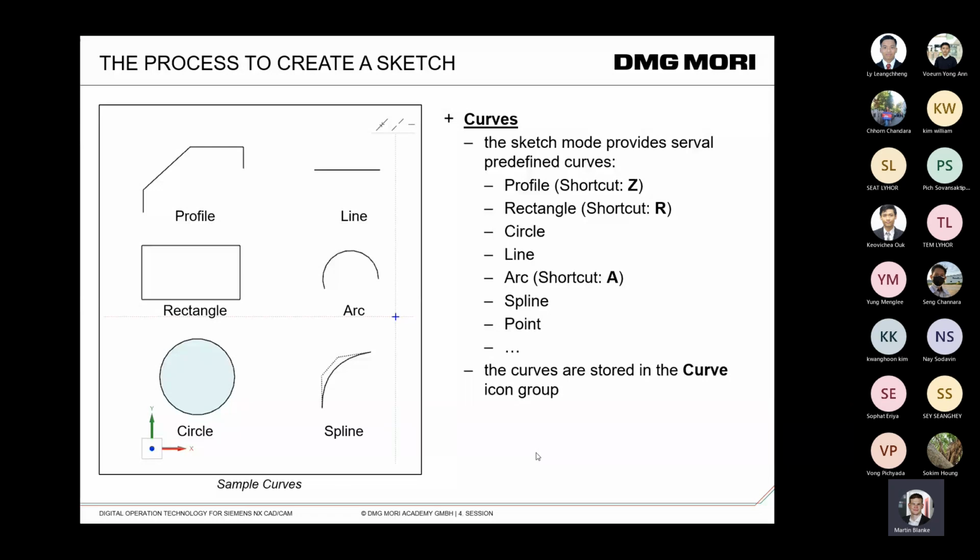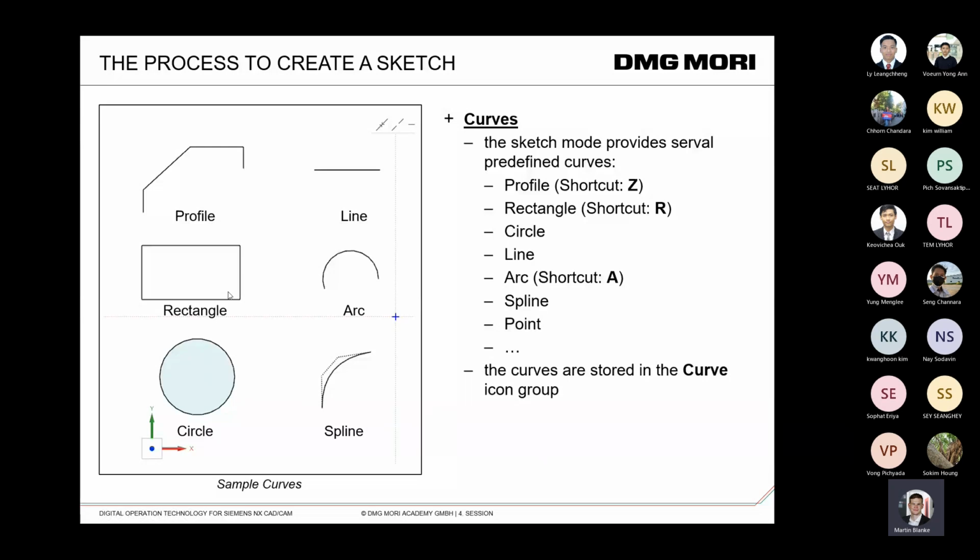Now we want to take a deeper look into the topic of curves. You have several different opportunities to create a geometry or to create a contour. For example, you can find predefined curves, for example, the profile, the line, or the rectangle, and several more.